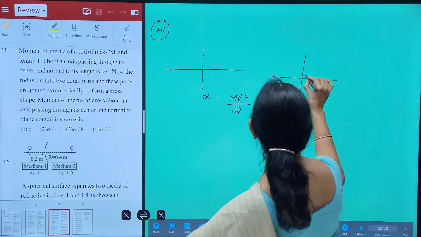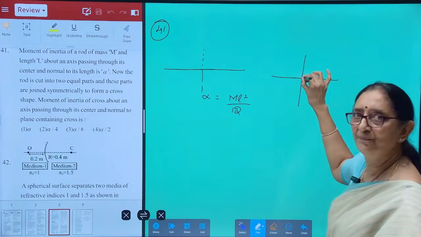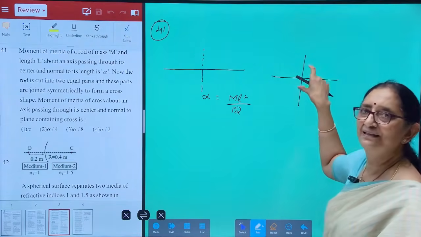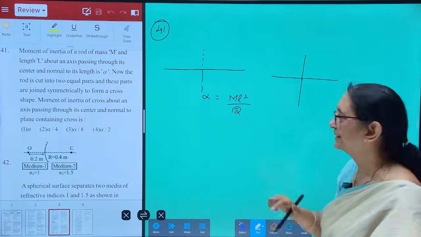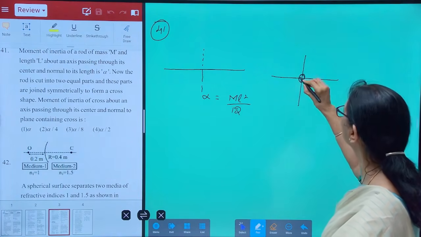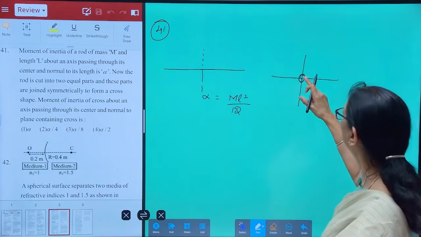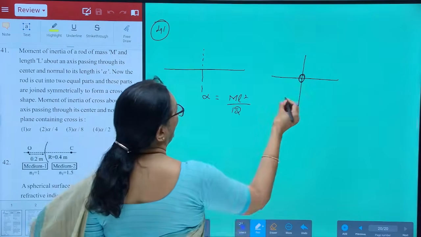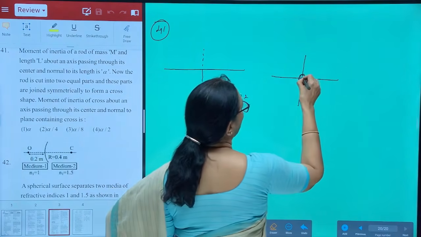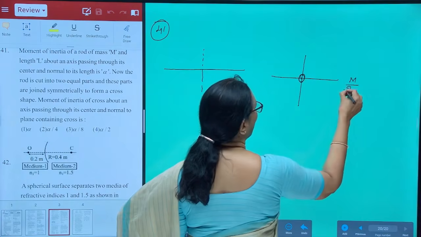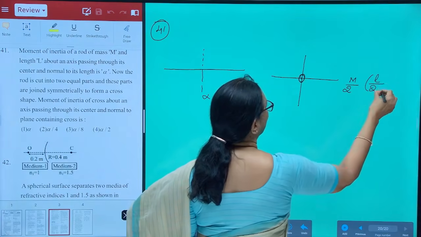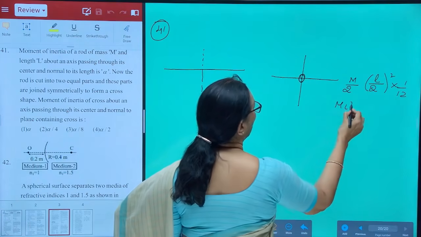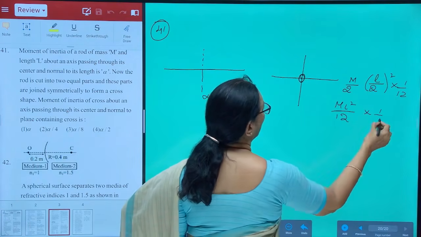Passing through the center, perpendicular to the plane. So, it is cut into two pieces and both of them are joined together such that the combination forms a cross. Then what is the moment of inertia of the system about an axis passing through the center and perpendicular to the plane? Right? Now, look here. Moment of inertia of this about the central axis: mass is halved, length is halved. mL square by 12 into 1 by 4.